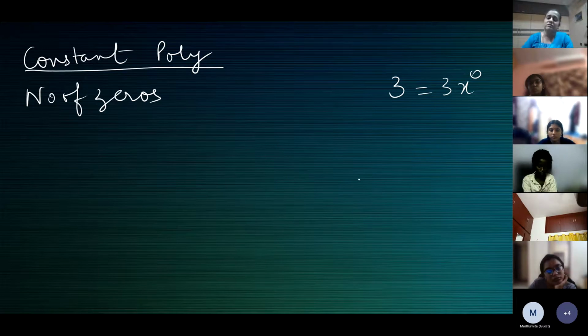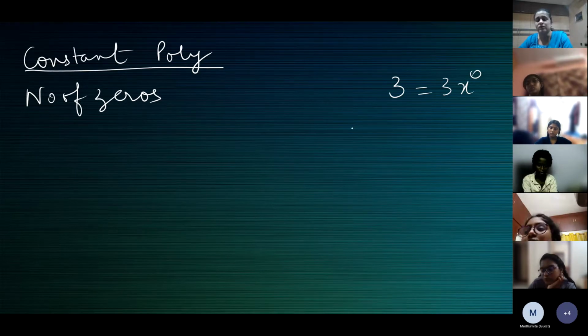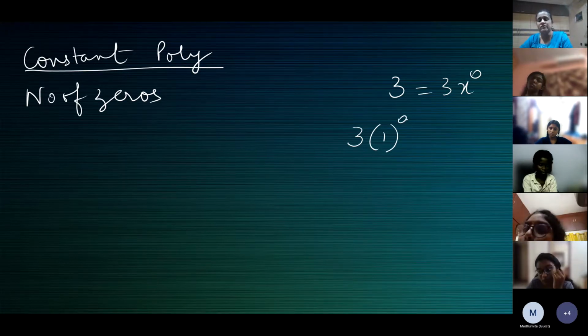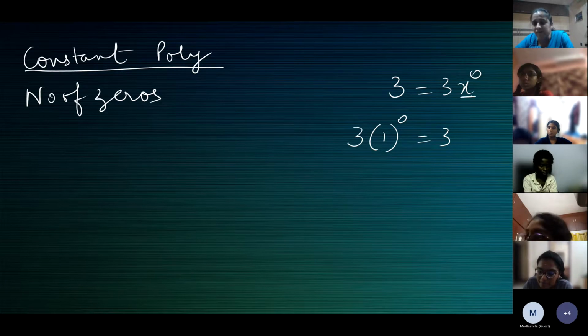Now to find the zeros of this constant polynomial, we'll use some value for x. Supposing x takes the value 1, 1 to the power 0, anything to the power 0 is 1, and 1 into 3 is 3 only. Now please think about it, whatever value you give for x.